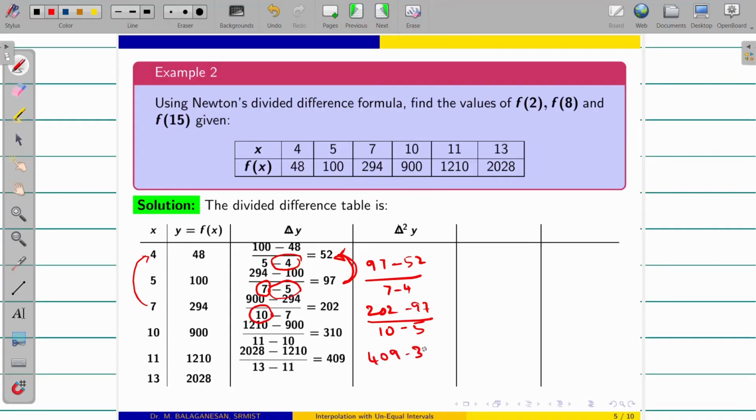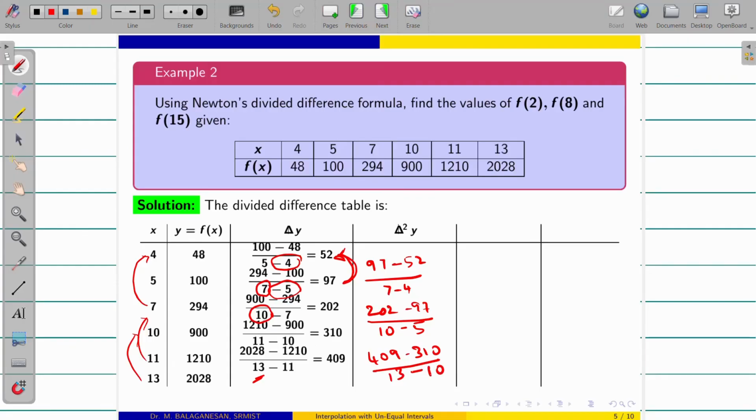409 minus 310 divided by, if you look at the arguments here, you will get confused about where to where I have to move. That confusion will be there. To avoid the confusion only, I am going to give the clue. What will be the left end of the bigger value, the last value, and the right end including sign of the previous value. So what will be 13 minus 10.